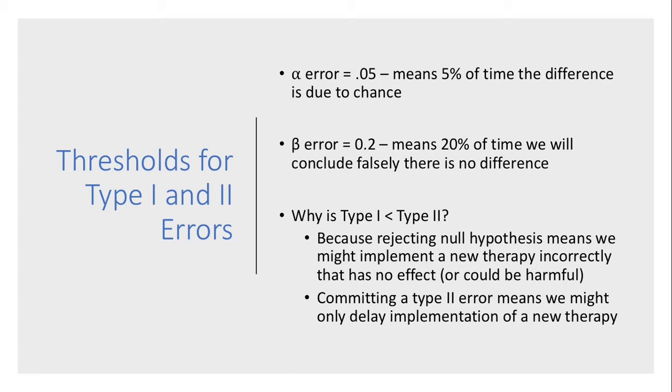In preliminary studies, they found it had good effects on pain control, but later on they found some problems with it. In contrast, committing a type 2 error means we might only delay implementation of a new therapy because we didn't find a difference, but in fact, it really does work.